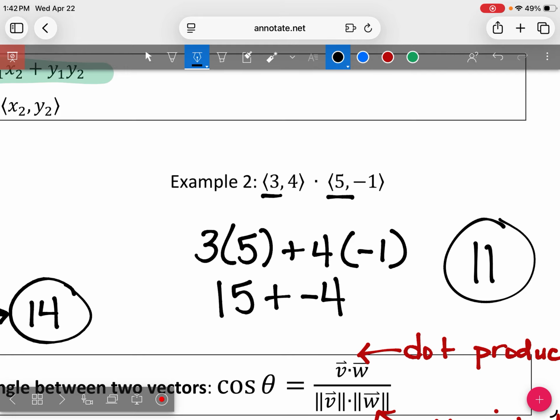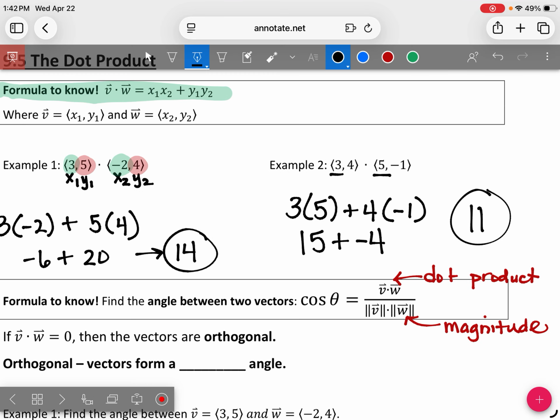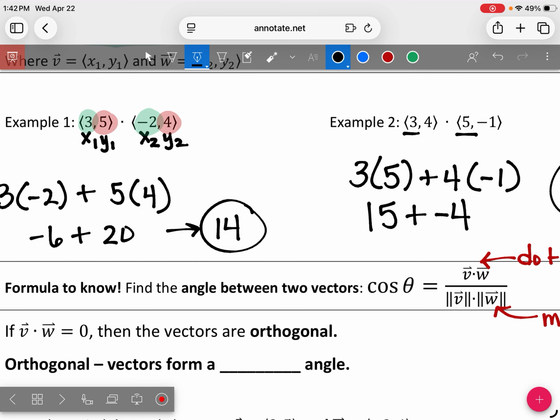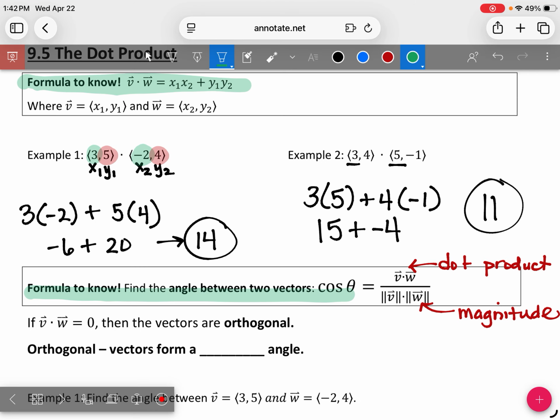So that's important because you also need to know how to find the angle between vectors. This is the formula on how to find the angle between vectors. You have to find 3 things. The numerator, this means find a dot product.